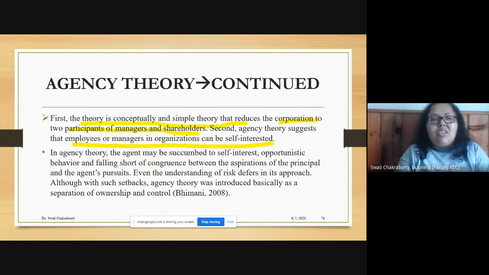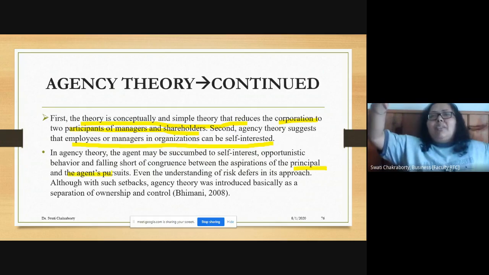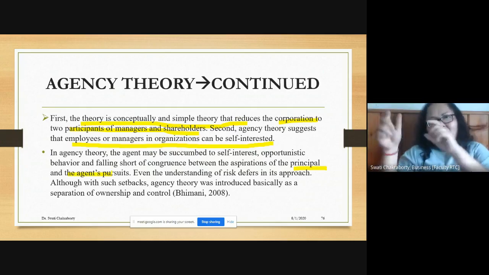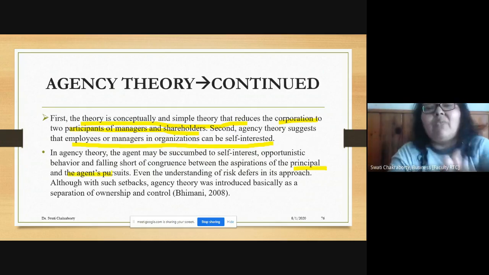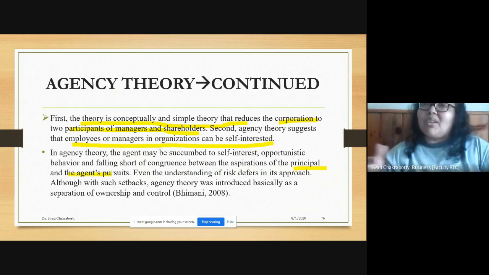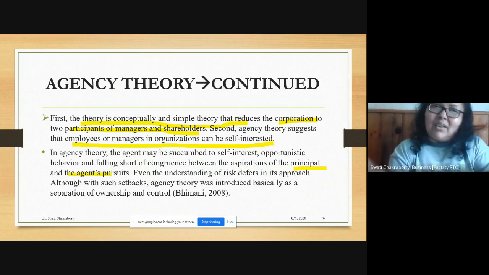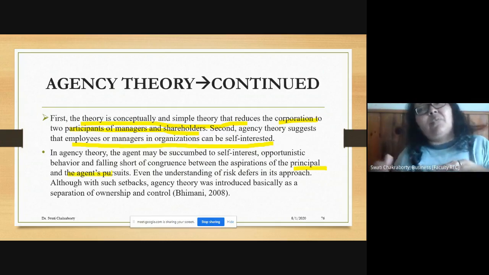There can be a huge difference between the goals of the principal and the agents. The goals of the principals or the shareholders are that they are investing the money in projects where returns will be there, and everyone would be profitable.